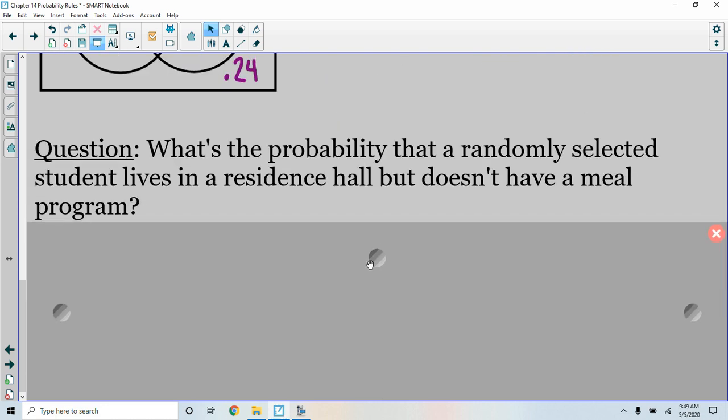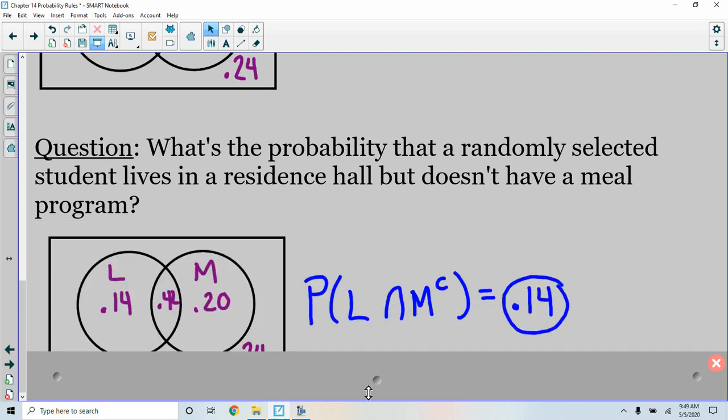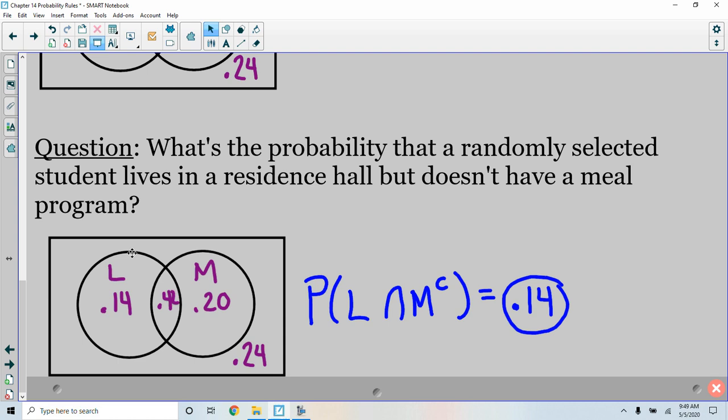And the last question is we want the probability a randomly selected student lives on campus but doesn't have a meal plan. So in our Venn diagram, these people who are living on campus with no meal plan are over here. So that means the probability we randomly select a student that is living on campus with no meal plan is 14%. So these Venn diagrams are actually really helpful in finding some of these probabilities.